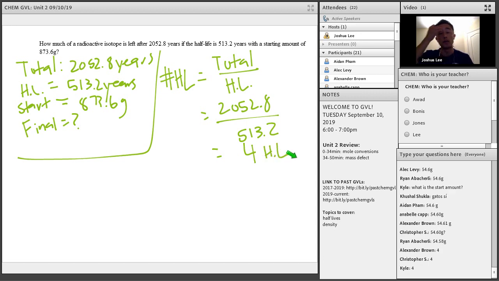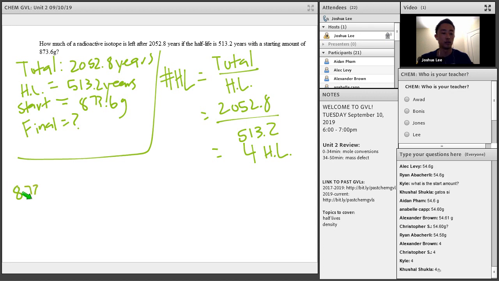So the arrow method is where you explicitly show each half-life. So there's 873.6. Then after each half-life, you're going down by half.